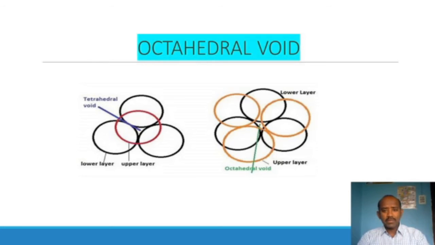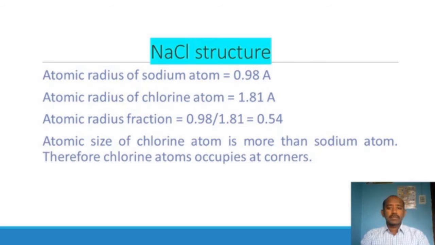In an octahedral void, we can place four atoms like a square, and we can place one in front and one at the back, so there are 6 atoms. After that we will get a central empty space that can be filled with sodium.